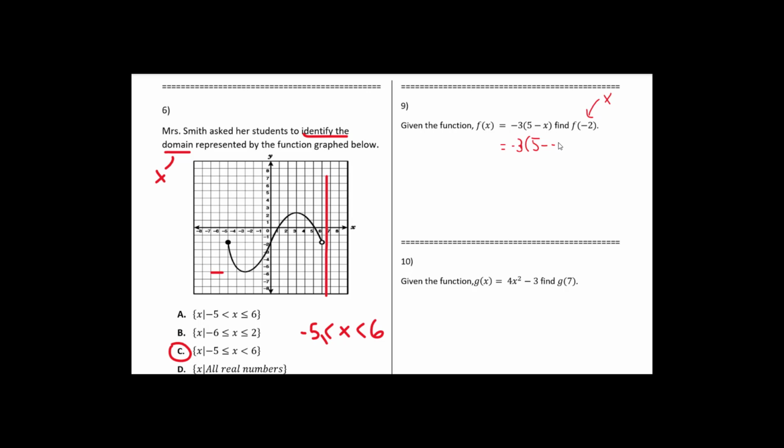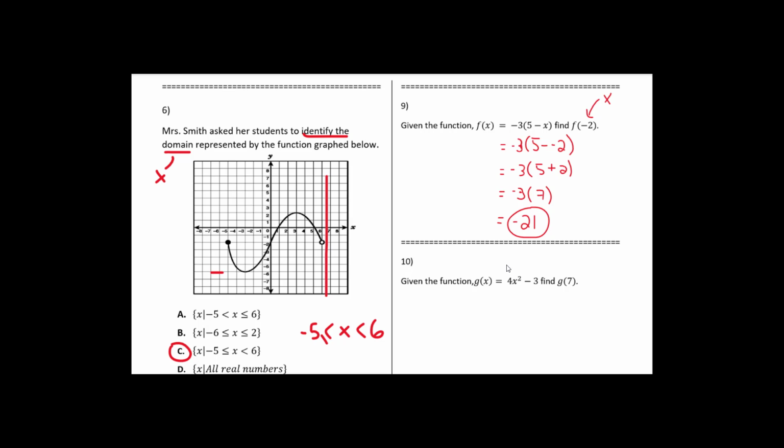So in this case, it would be -2. So now 2 negatives becomes positive. So 5 plus 2. And then this would be -3 times 7. And -3 times 7 is -21. So there we go.